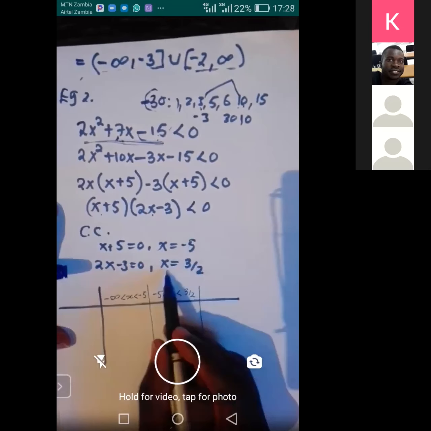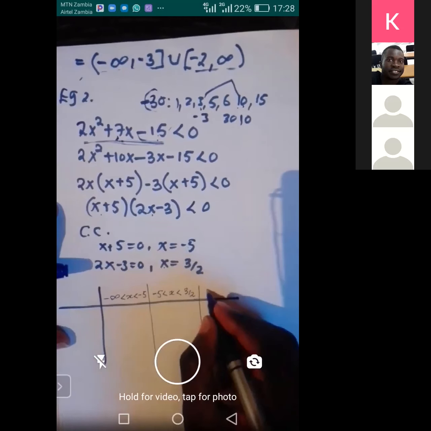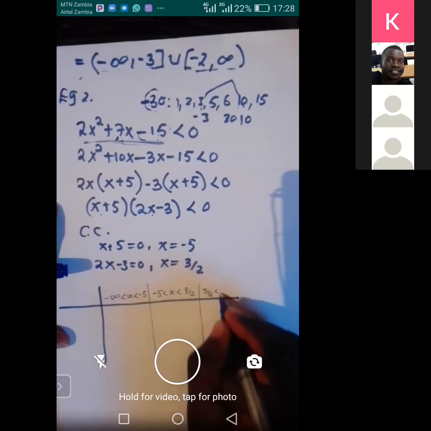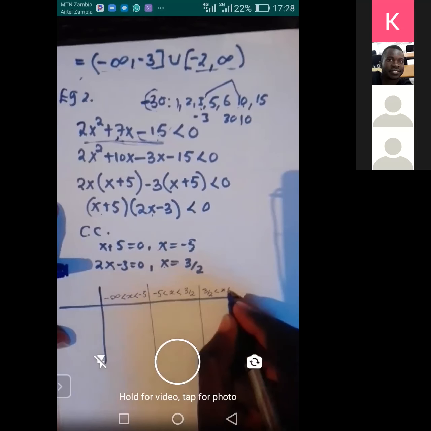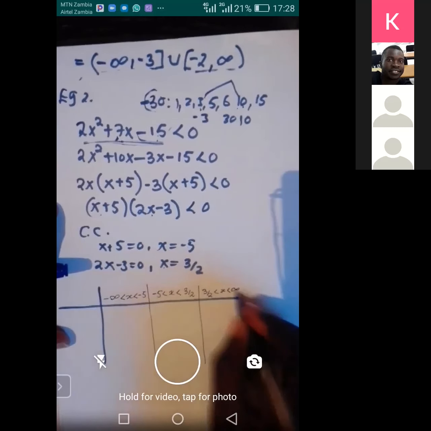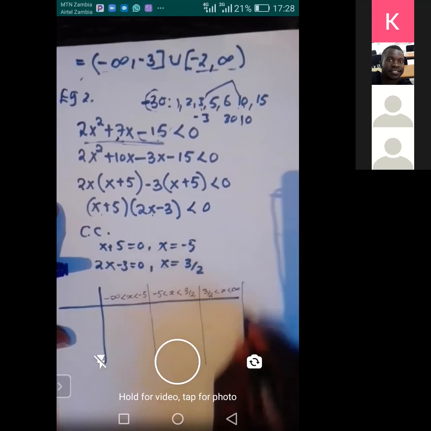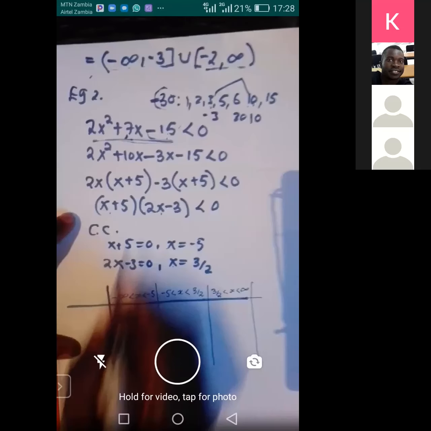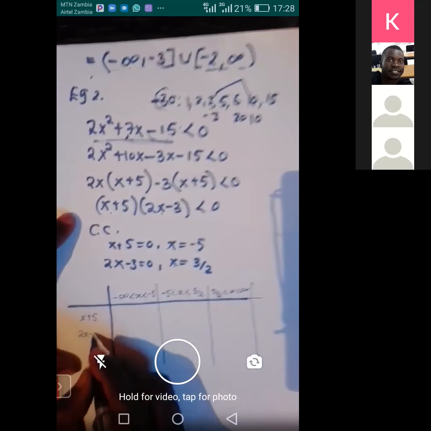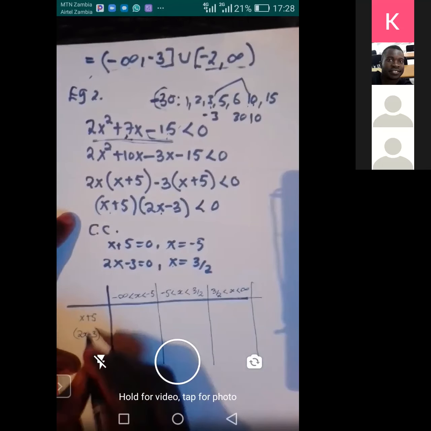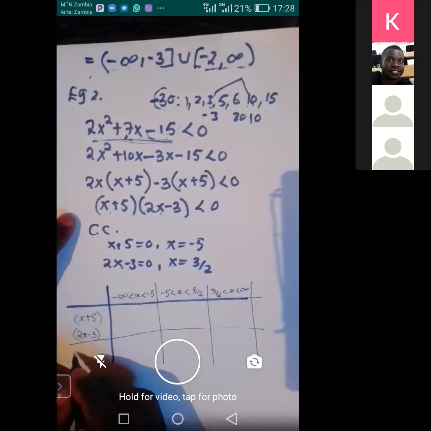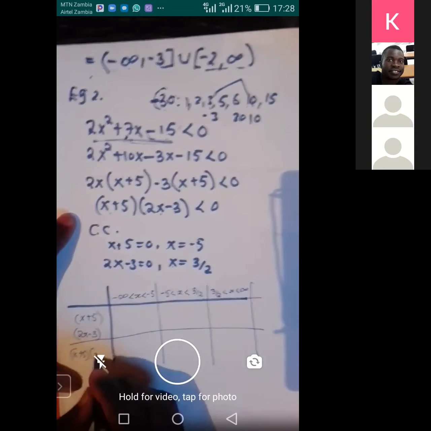Then we are also going to consider this interval here from 3 over 2 all the way to infinity. Okay, so here we have x plus 5 and 2x minus 3. Then we have the product here, x plus 5, 2x minus 3.